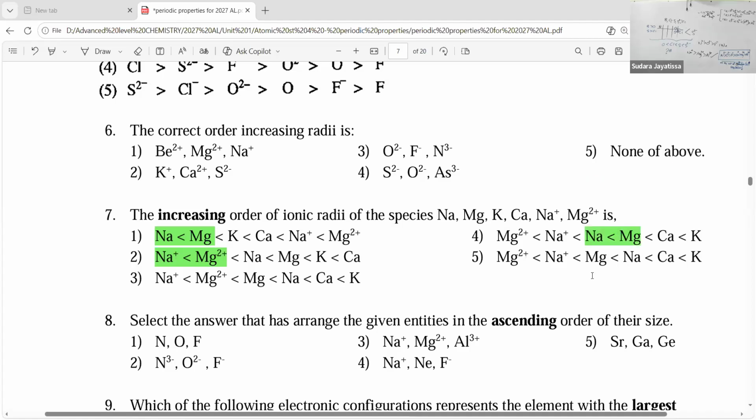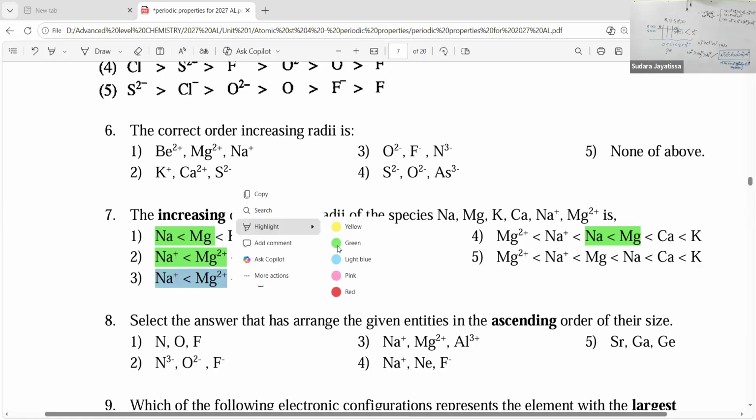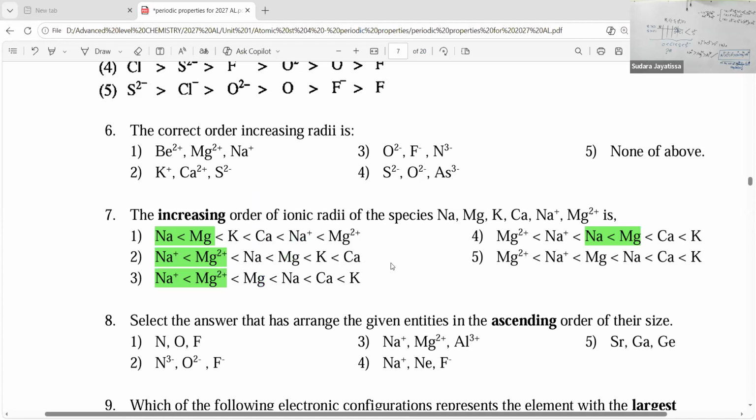That is wrong. The fifth answer and the third answer both are identical? No, the third answer is wrong. I forgot, sodium is larger than magnesium 2 plus. So the third answer is wrong. So go with the fifth one. This is the correct answer.